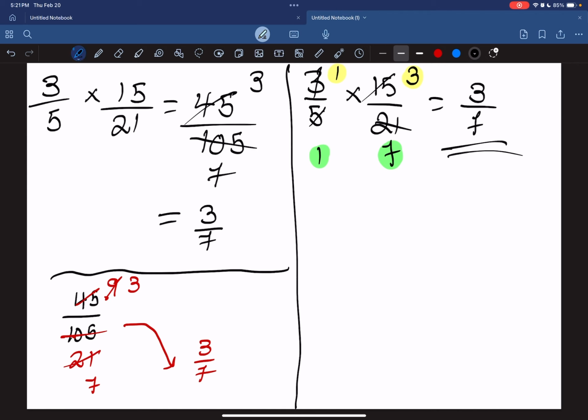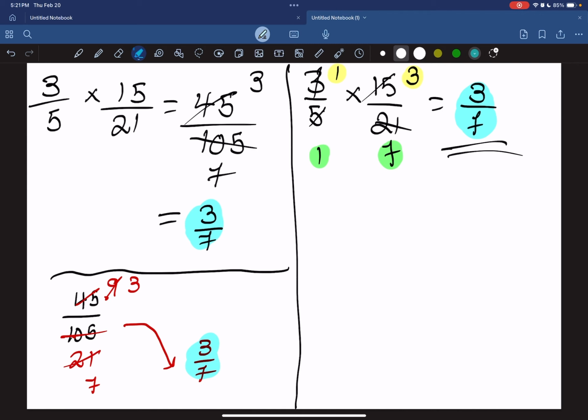And again, it's the same 3 over 7 that I get up here, whether I break it down using 5 or break it down using the 15. Alright, so no matter which route you take, the destination is the same.